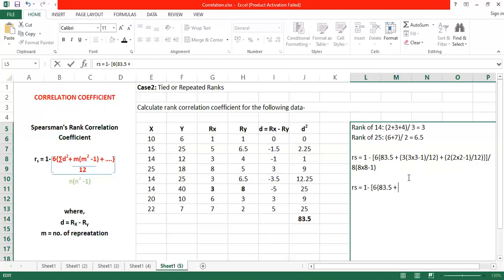Right? So it is 24 by 12 plus. Similarly, 2 into 2 is 4. 4 minus 1 is 3. 3 into 2 is 6 divided by 12. Finally, divided by. See, 8 into 8 is 64 minus 1 is 63. So 8 into 63 is 504.